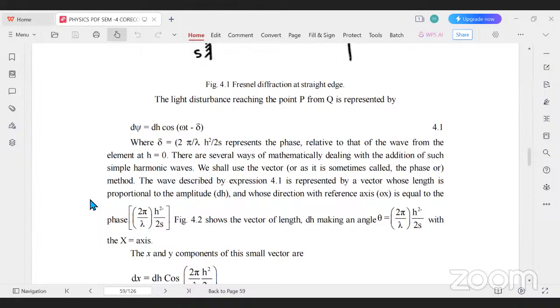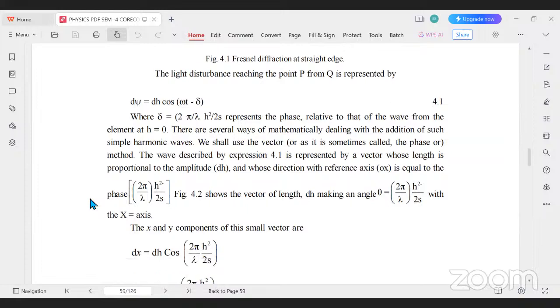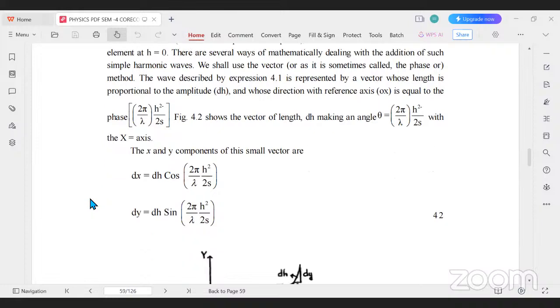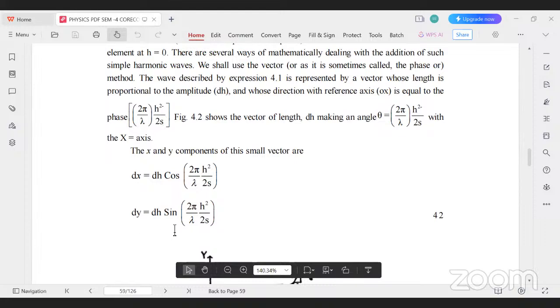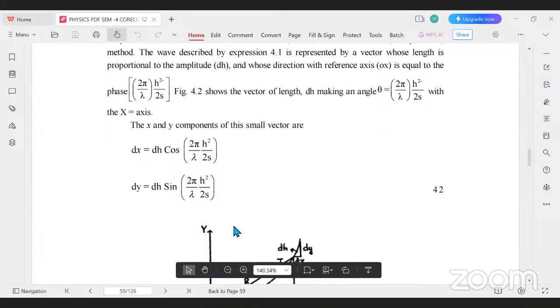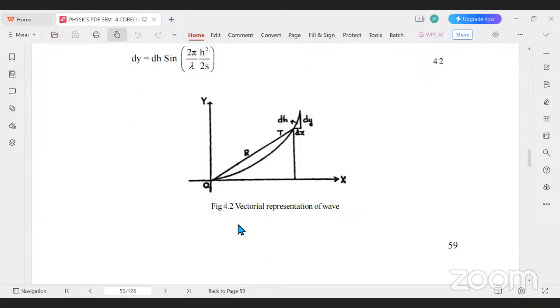The figure shows the vector of length dh making an angle θ, that is equal to 2π by λ, h squared by 2s, with the x-axis. The x and y components of these small vectors are dx equals dh cos(2π by λ · h squared by 2s), and dy equals dh sin(2π by λ · h squared by 2s). So here we can find the vectorial representation of the wave.